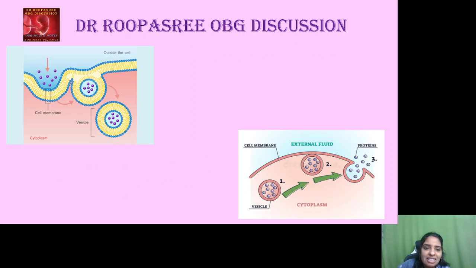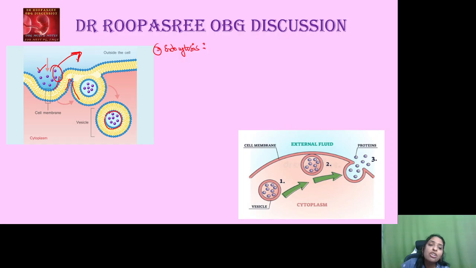Next is endocytosis. In this, these are the extracellular molecules, and the cell membrane gets invaginated and forms a vesicle. The extracellular molecules which are present outside the cell enter inside the cell, inside the vesicle.